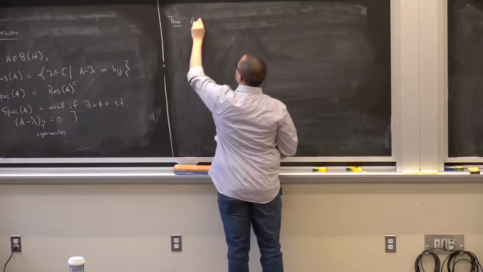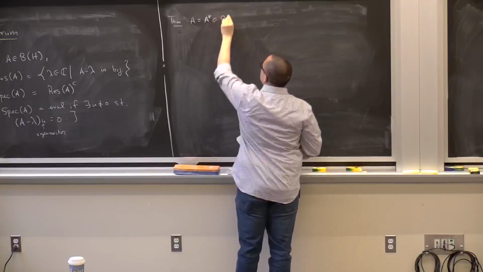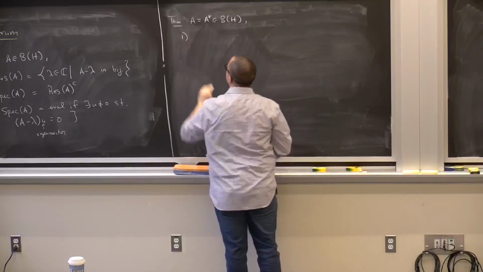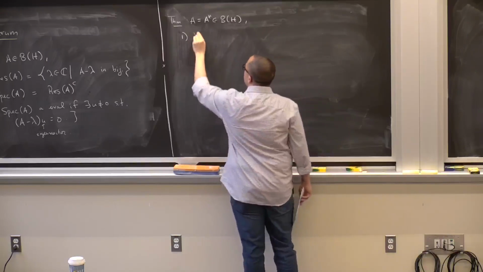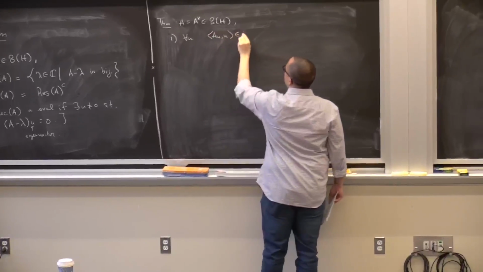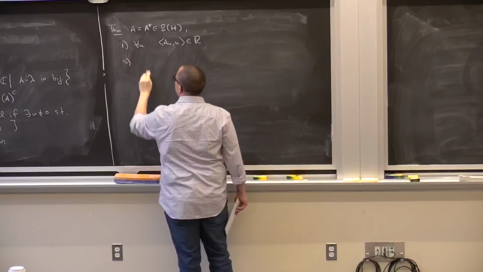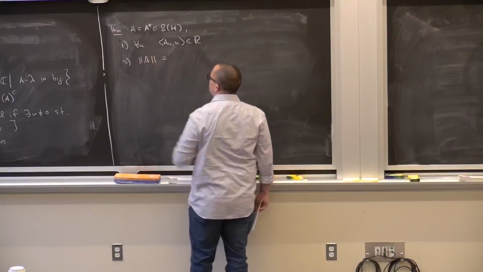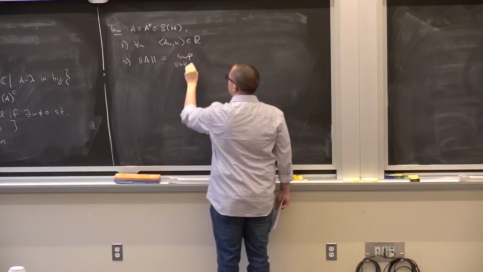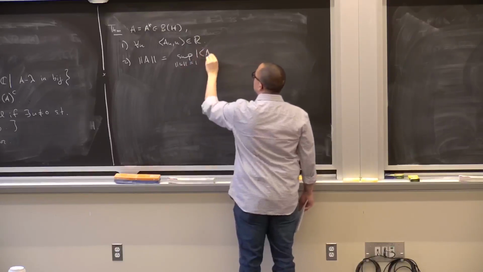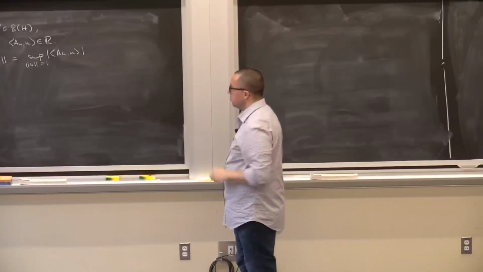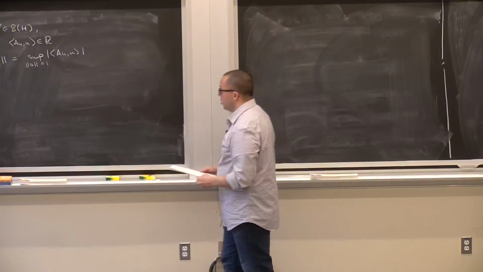So at the end of last time, we proved that if I have a self-adjoint bounded linear operator on the Hilbert space, then for all u, the inner product of Au with u is a real number, and we could write the norm of A as this quantity, the sup over norm of u equals 1 of the absolute value of the inner product of Au with u. Okay?